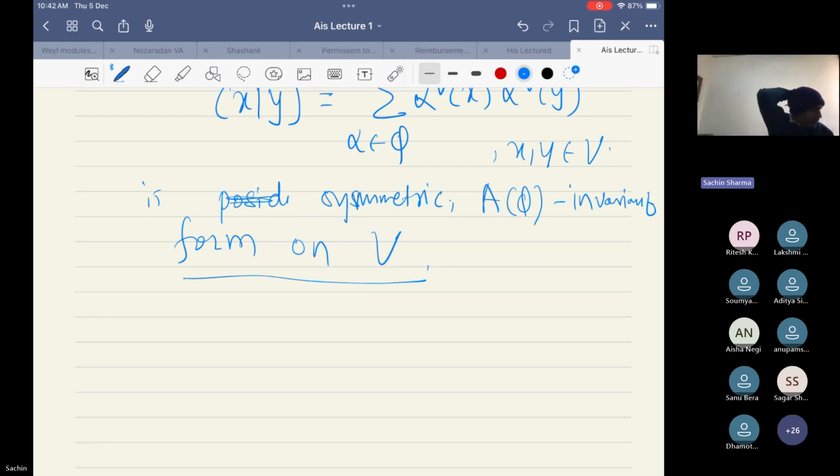Now we will define what is the direct sum of root systems. Here is the definition.